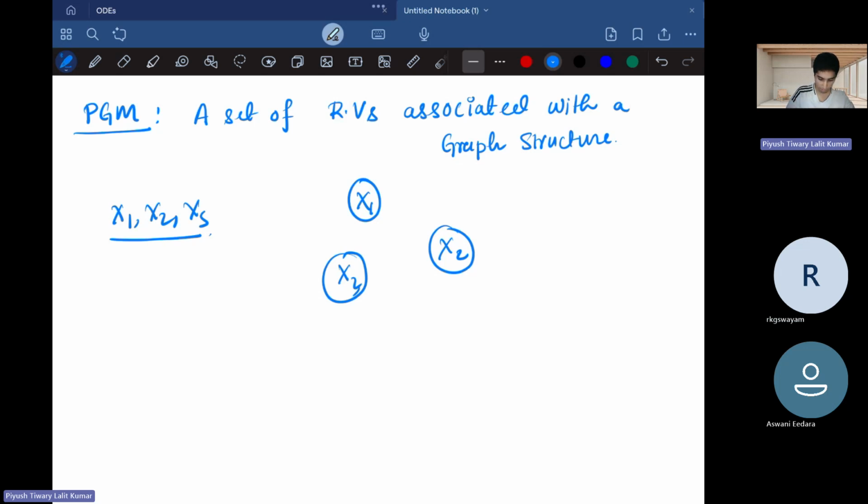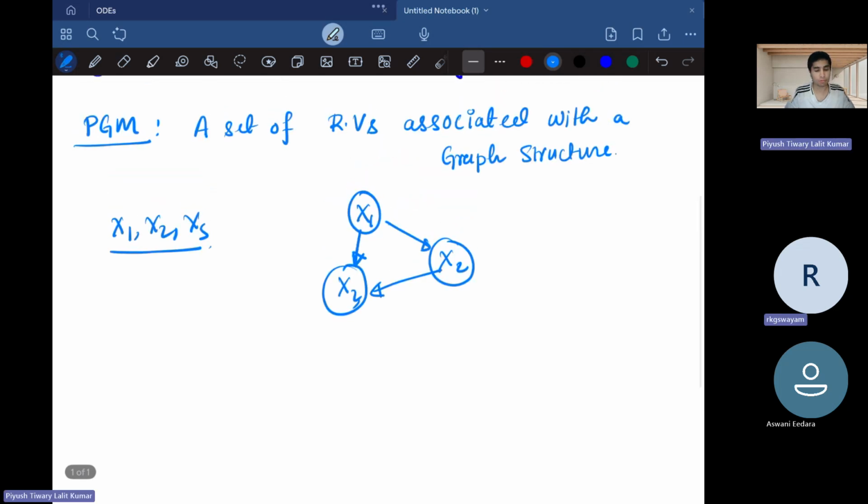Each node represents a random variable, so x1, x2, x3 are your three random variables, and your graph has three nodes. Then there are some edges on top of it. You have an edge from x1 to x3, an edge from x1 to x2, and then an edge from x2 to x3. This is basically what a probabilistic graphical model is.